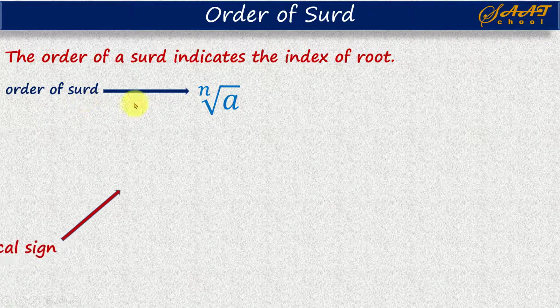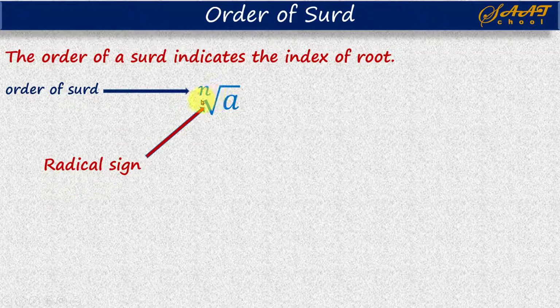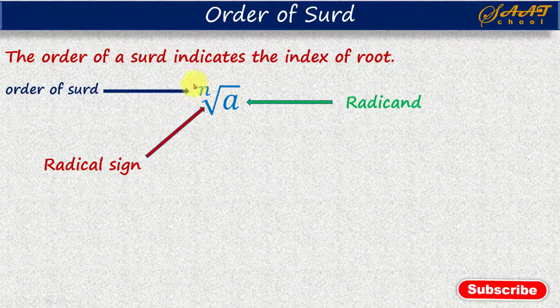Now the next is this sign, which is called the radical sign. This root sign is called the radical sign, and this a is called the radicand. So remember, this number represents the order of surd, this sign is called the radical sign, and this number is called the radicand.